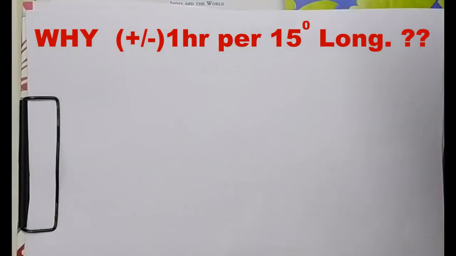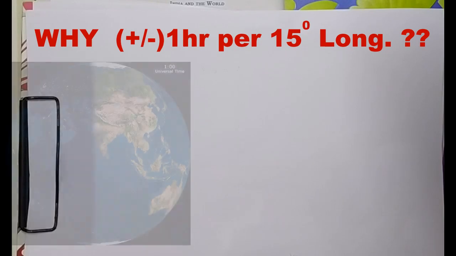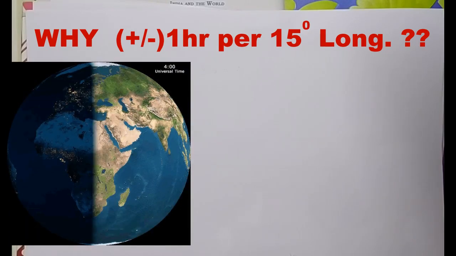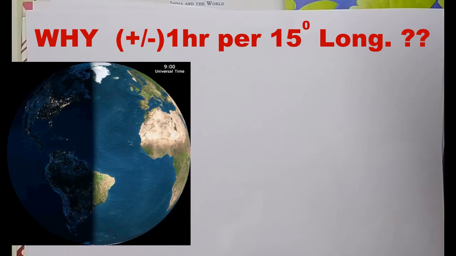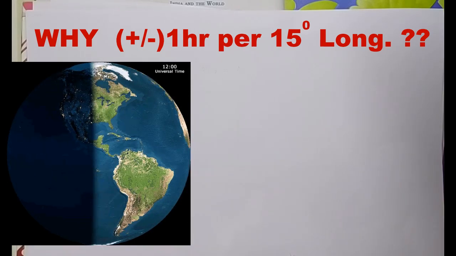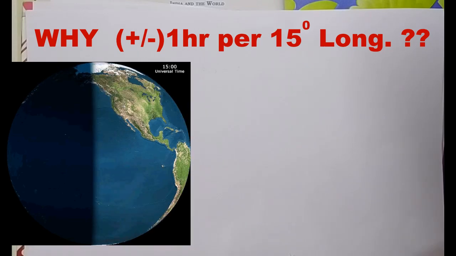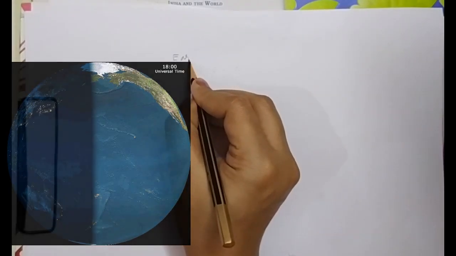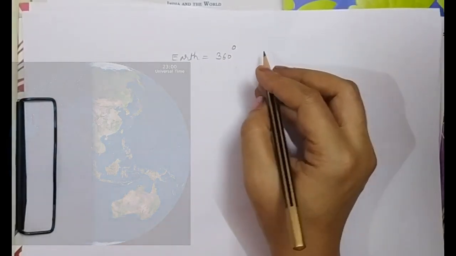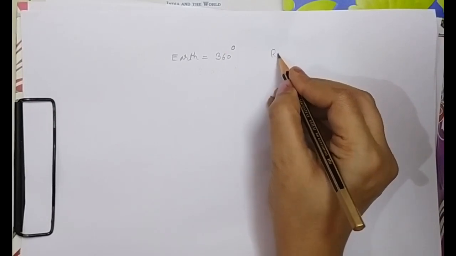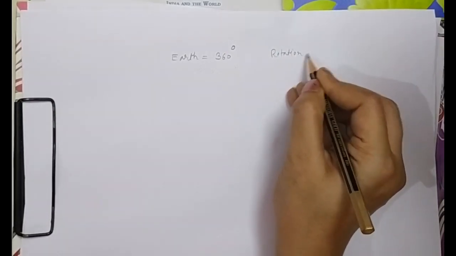A natural question may arise in your mind: why 1 hour for every 15 degree standard meridian are we adding or subtracting? So let us go into the details. You know, Earth takes 24 hours to complete one spin, meaning Earth rotates on its own axis and it takes 24 hours. Earth is equal to 360 degree, and Earth rotation is equal to 24 hour.